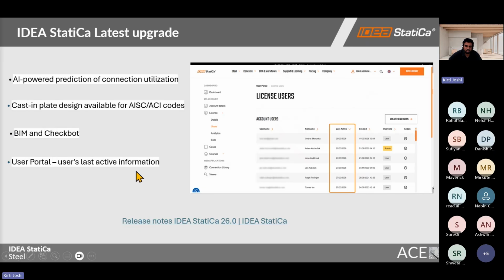Also, as you can see, the user portal has been enhanced. You can easily track your user activities and the license management. You can now see the last active timestamp for each user in the license, and you can easily identify the most active and the inactive users and optimize your license utilization with this updated version.